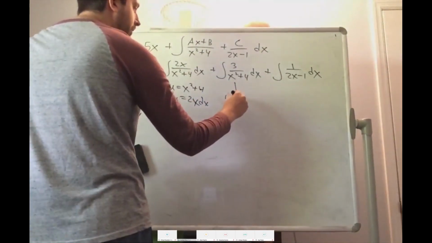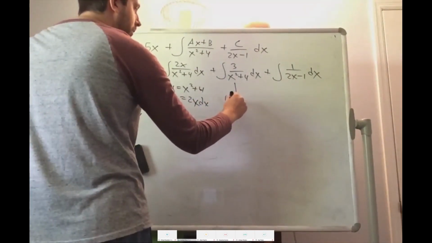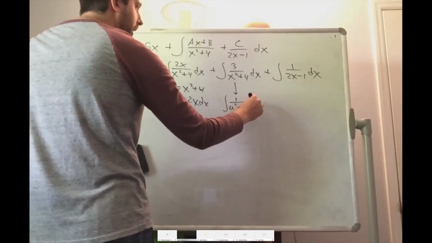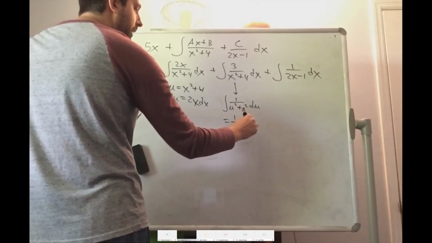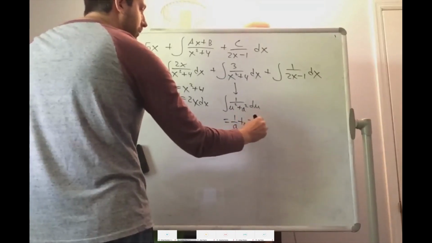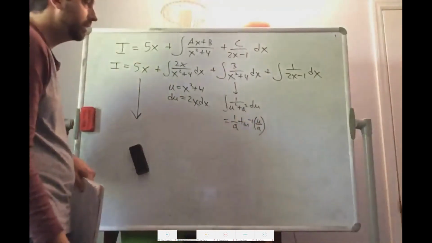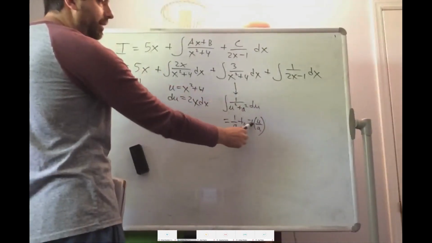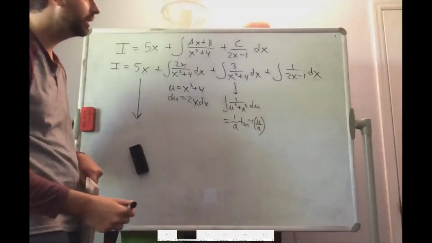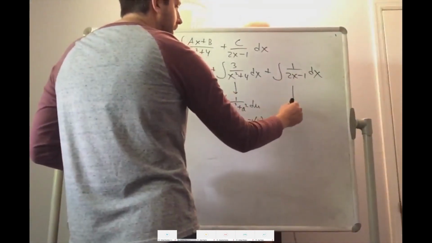If I have 1 over u squared plus a squared du, that's equal to 1 over a tan inverse u over a. The a in this case is a 2, so it's going to be 1/2 tan inverse x over 2. And this one is just a simple log.